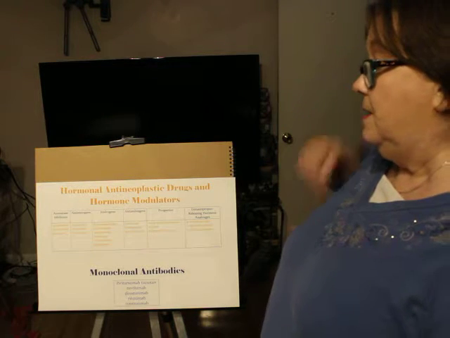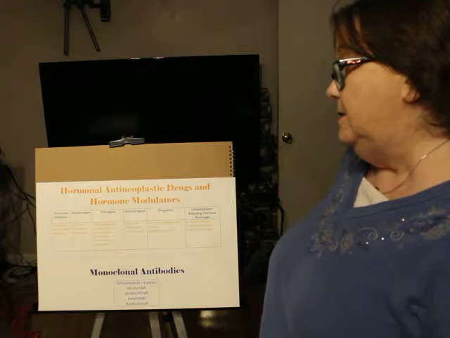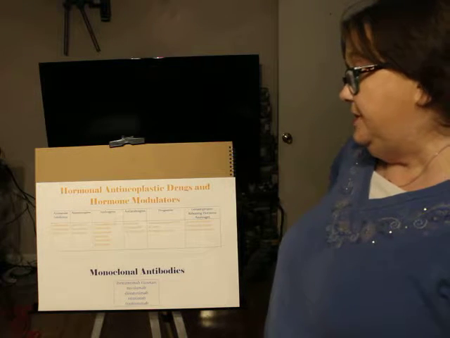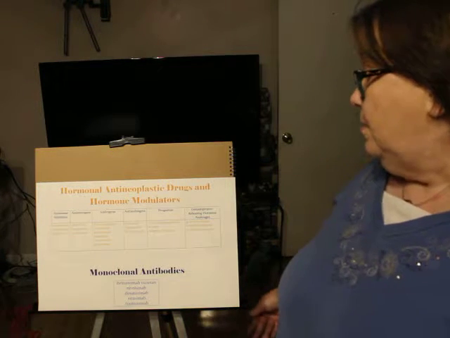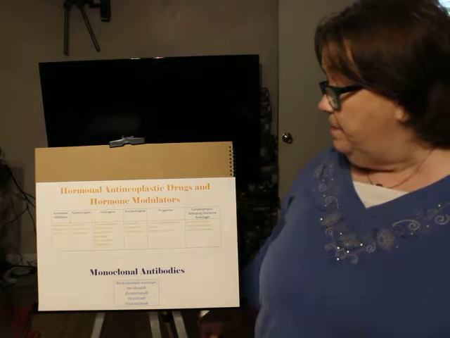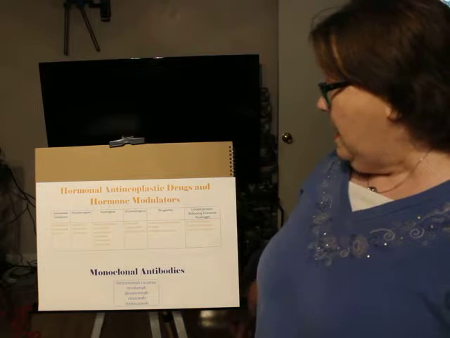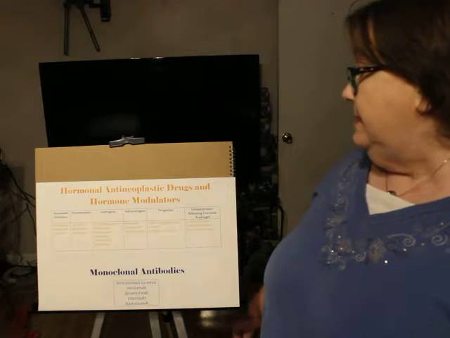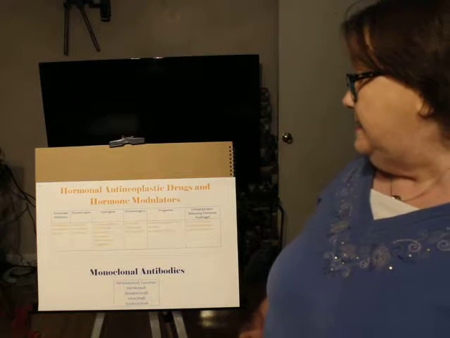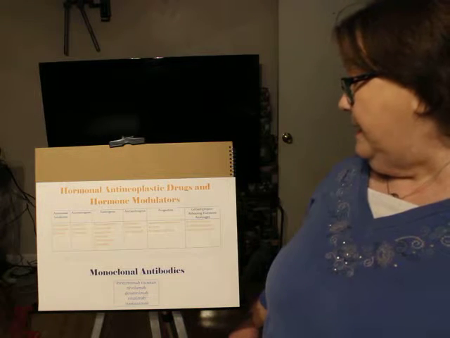Anti-androgens include bicalutamide and nilutamide. For progestins, we have medroxyprogesterone acetate and megestrol acetate. The gonadotropin-releasing hormone analogs are goserelin acetate, leuprolide acetate, and triptorelin pamoate.